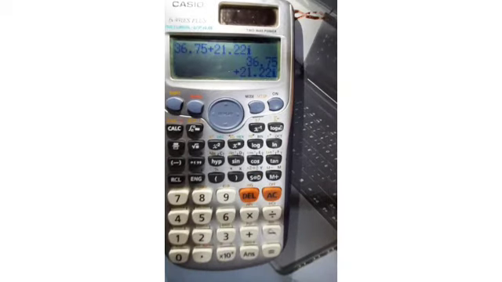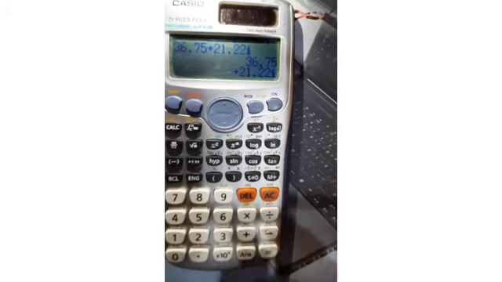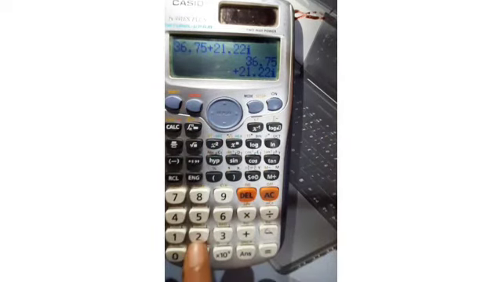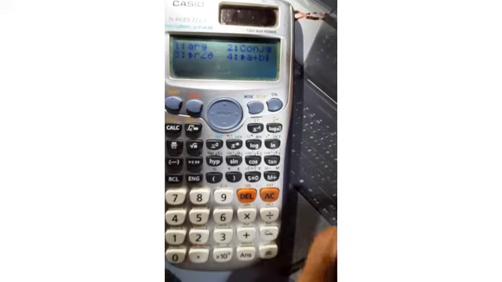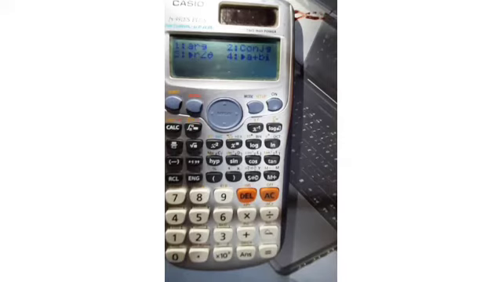Okay, now to convert this rectangular form into polar form, what we need to do is shift and this 2. Above this 2, in a bracket, it is written complex. So press 2. Now what is displayed? You can get the answer in different forms.